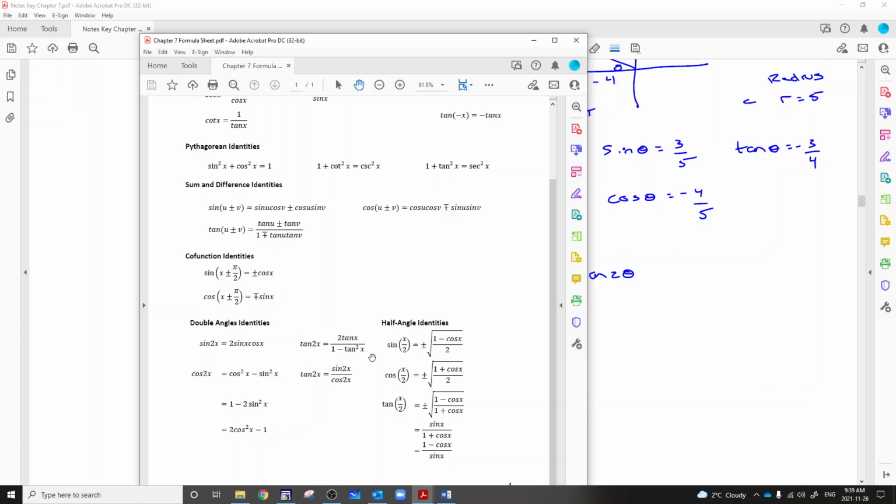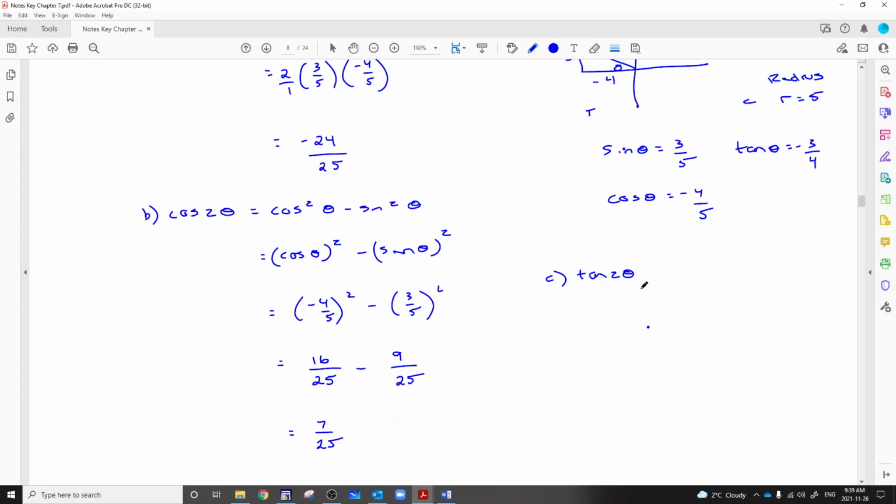So we could plug it in. We could say that tan theta is -3/4, over 1 minus -3/4 squared. And then we could keep going.